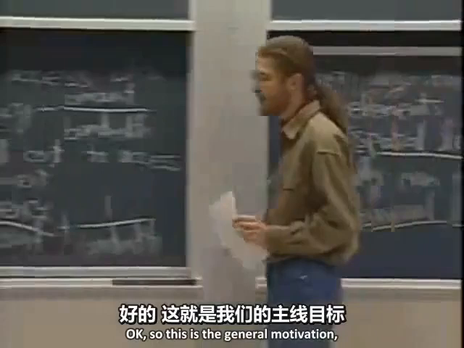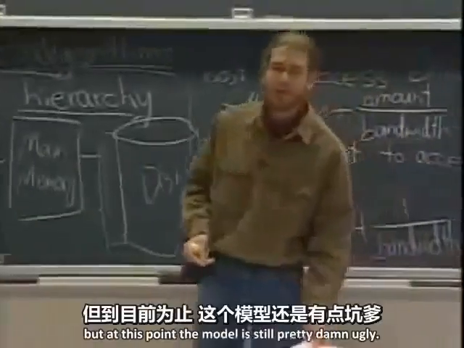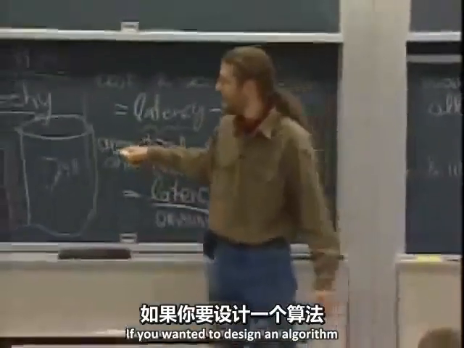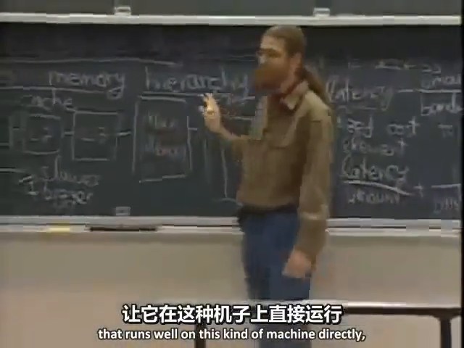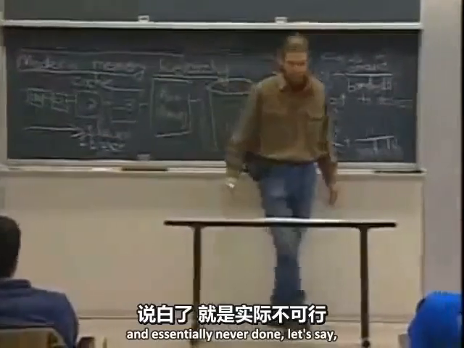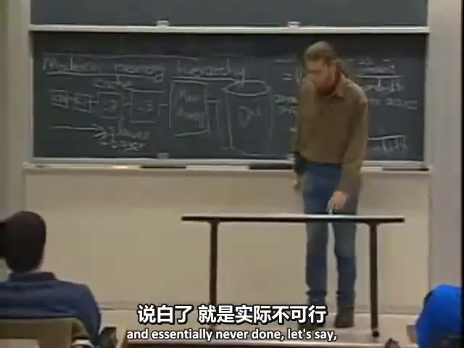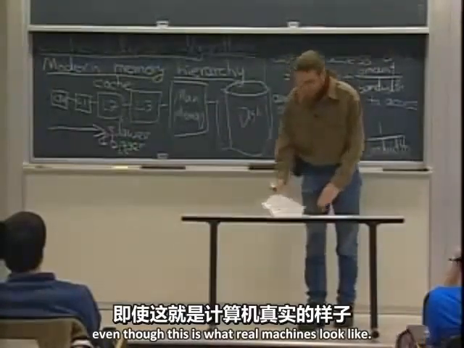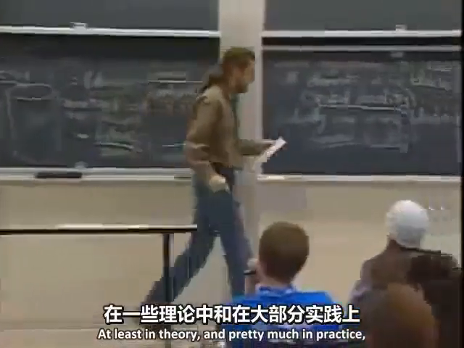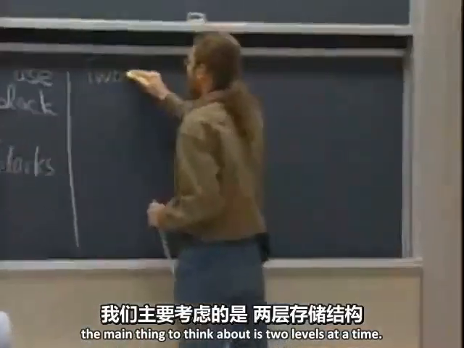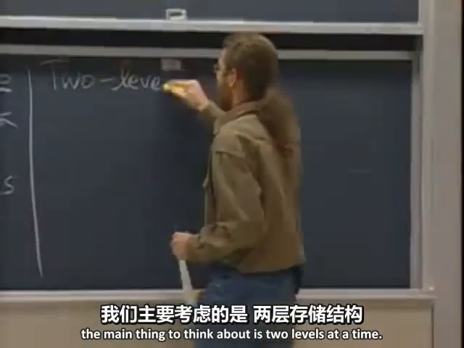Okay, so this is the general motivation, but at this point the model is still pretty ugly. If you wanted to design an algorithm that runs well on this kind of machine directly, it's possible but pretty difficult and essentially never done, even though this is what real machines look like. At least in theory and pretty much in practice, the main thing to think about is 2 levels at a time.